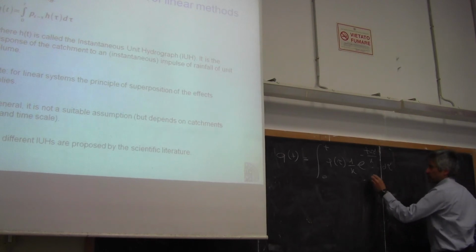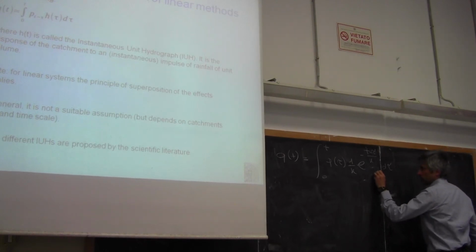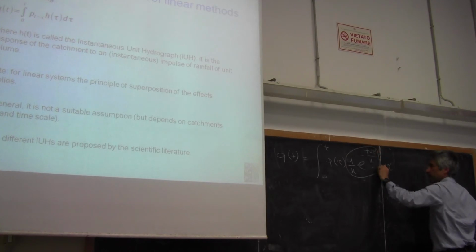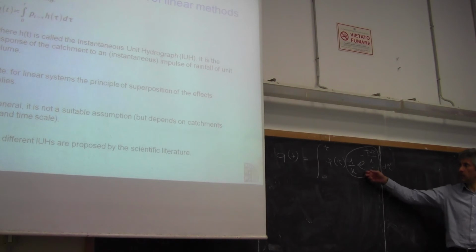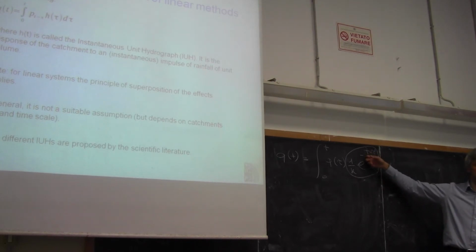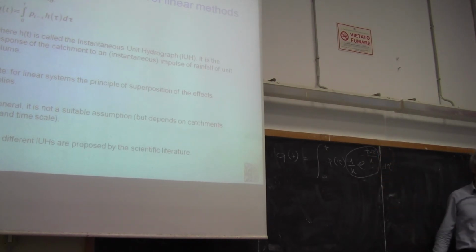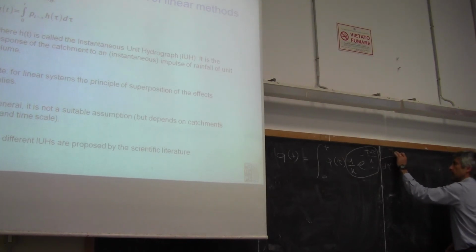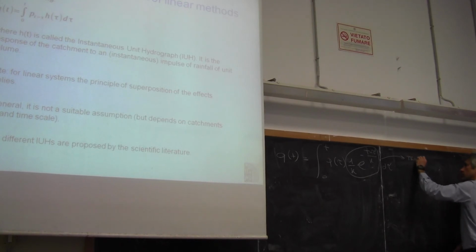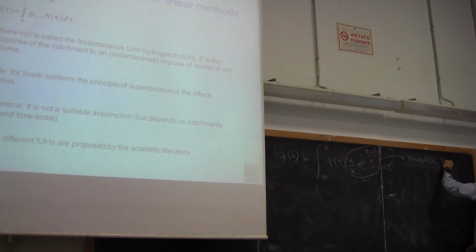Now let's call this term here, this term 1 over k e to the power of minus (t minus tau) over k, what is this? This is what in mathematics is called a transfer function, or transfer operator.